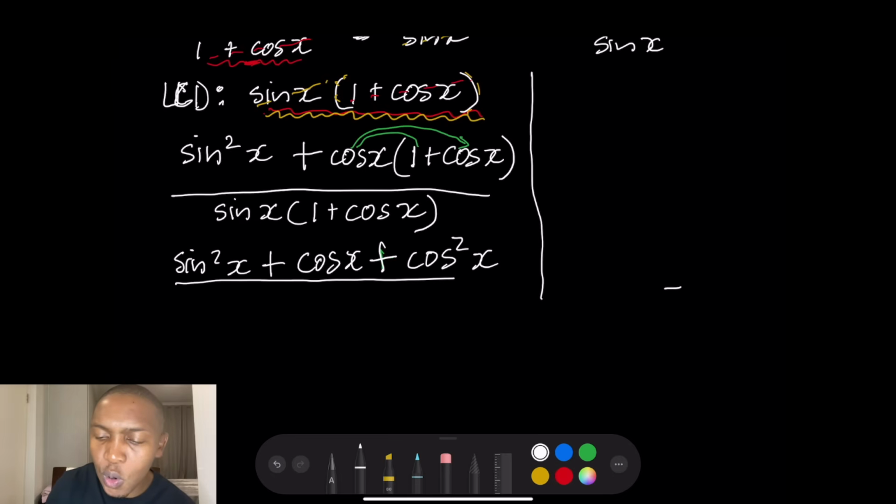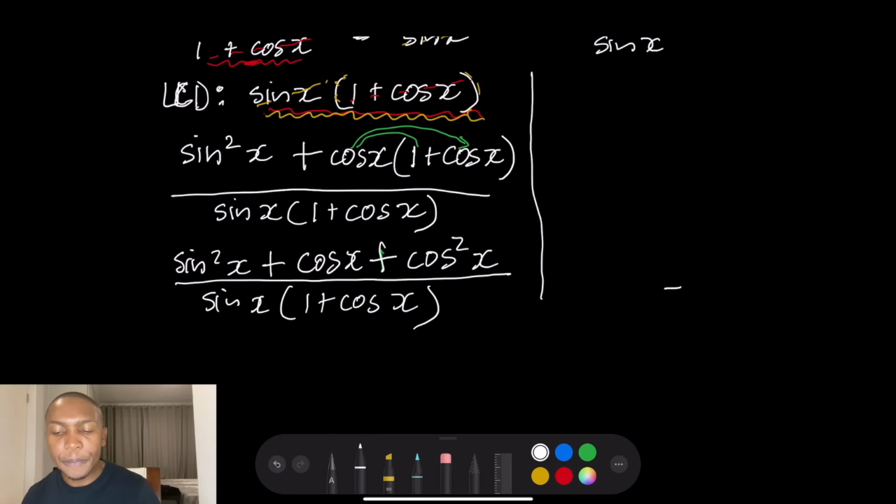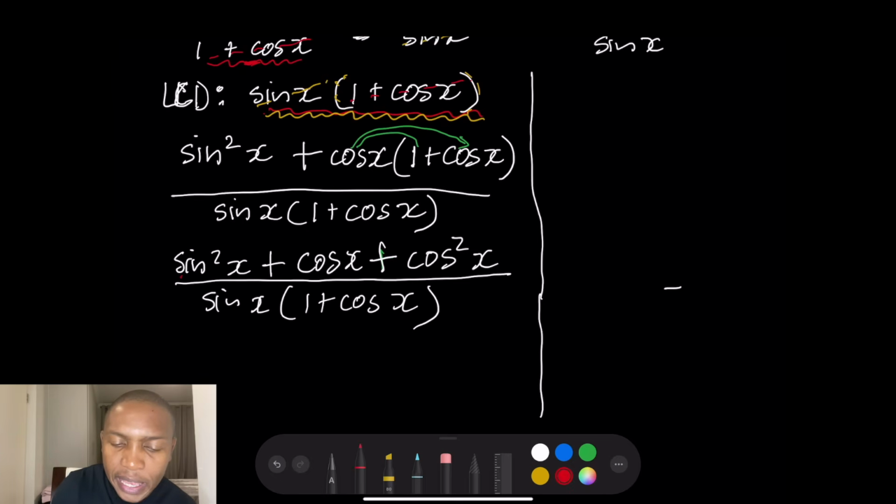And this is all divided by sine of x times 1 plus cos of x. Right. Okay, I hope that you are still able to follow. So you can see how we have that identity again, sine squared of x plus cos squared of x. Let me reduce that into 1. Okay, so that will be 1 plus cos of x.